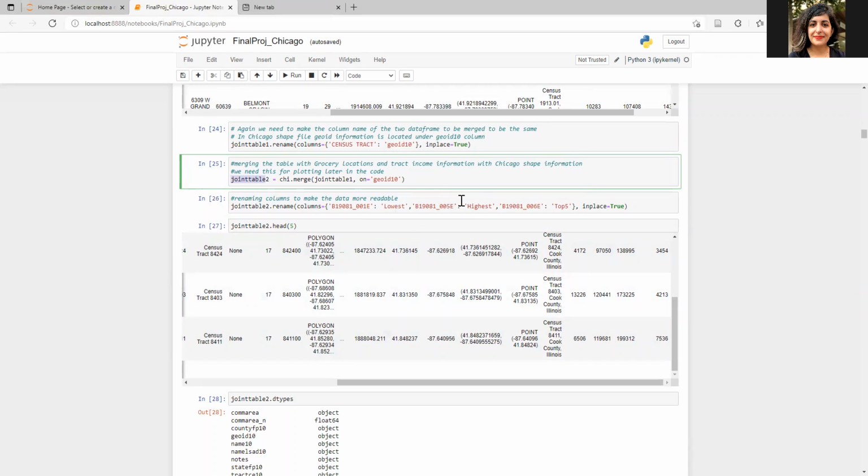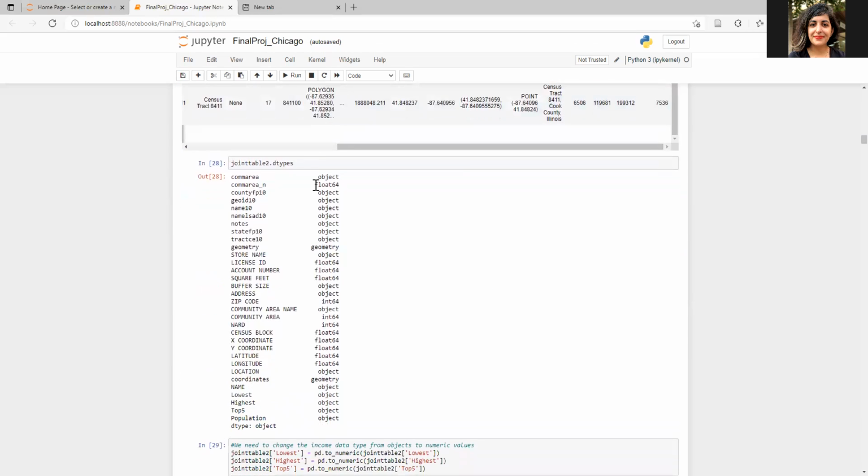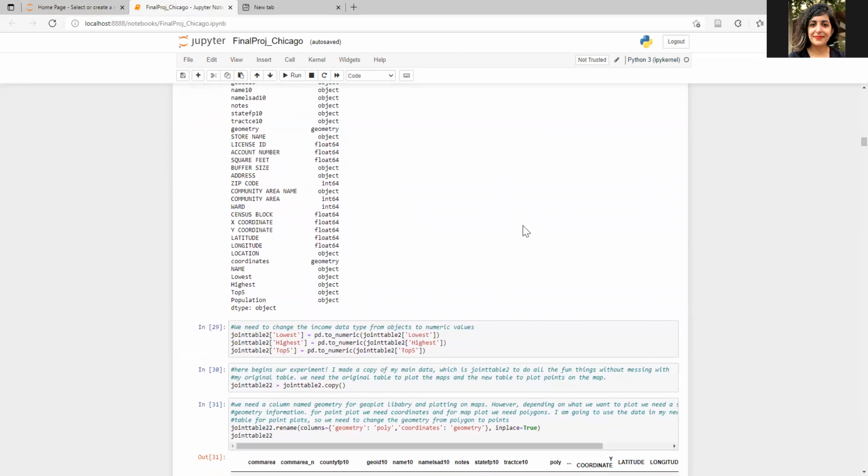I had 3 income levels in my income file: lowest quantile, highest quantile, and top quantile, which I changed to readable, common names, not census-specific acronyms. So again I looked at this huge table, join table 2, to see if I needed to change anything.